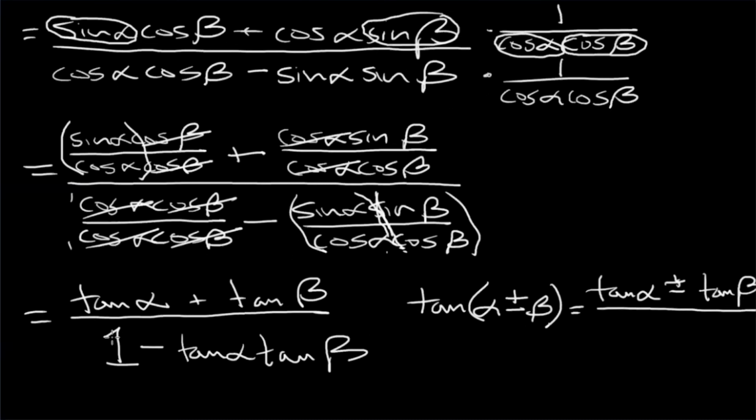And in the bottom, notice that this is the opposite sign there. So this will be minus plus tangent of alpha, tangent of beta. And that's multiplication.